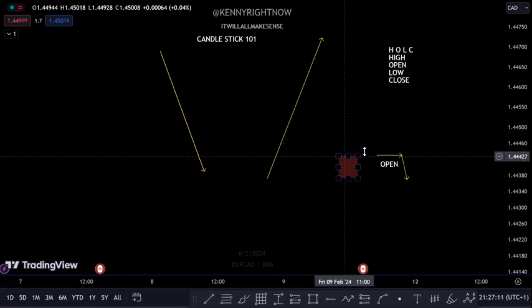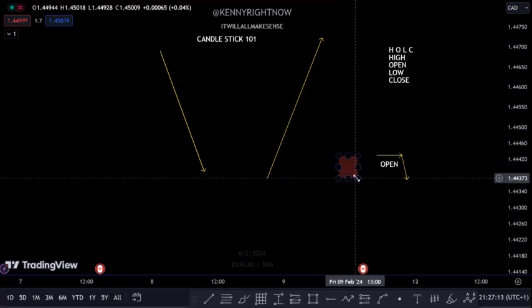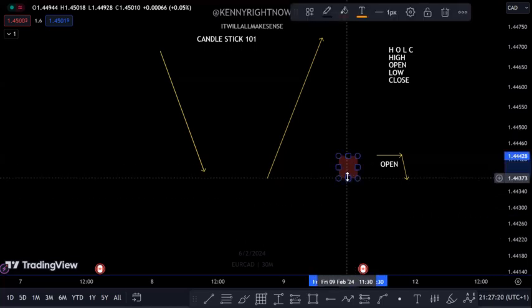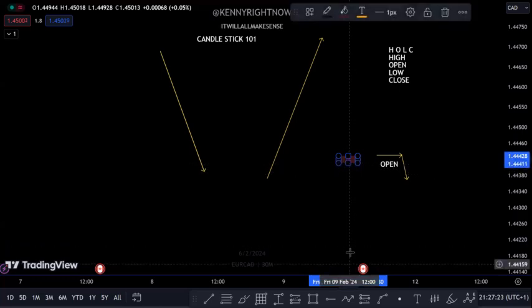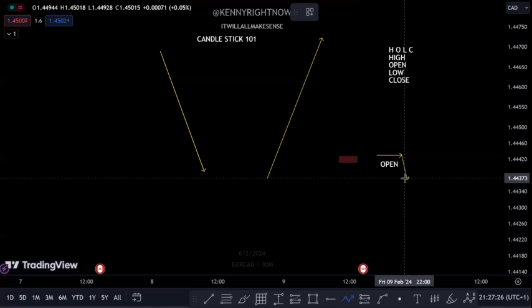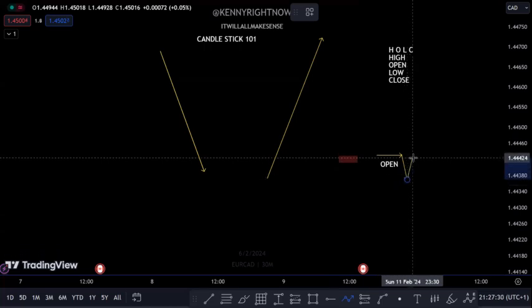So from the open, price started selling to this point, right? Fine, it's bearish. Now, from this area, let's say price starts going back up towards the open.